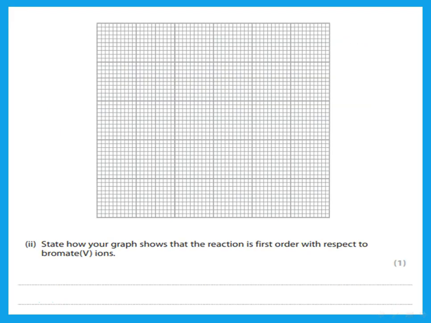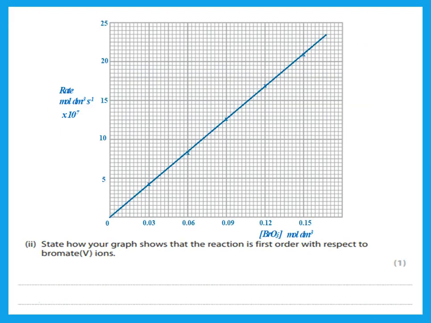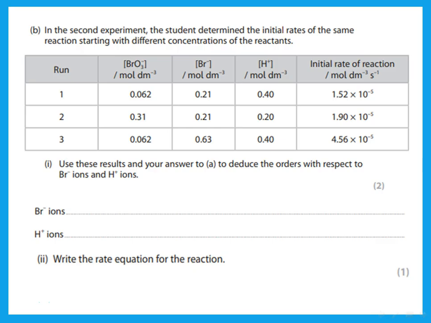Okay, so we said when we plot the graph of rate versus concentration of bromate, we find that it is a straight line going from 0 up. This means it is directly proportional, and that means that this is first order. So as the bromate concentration increases, the rate increases. It is directly proportional. That means that it is first order with respect to the bromate ion.